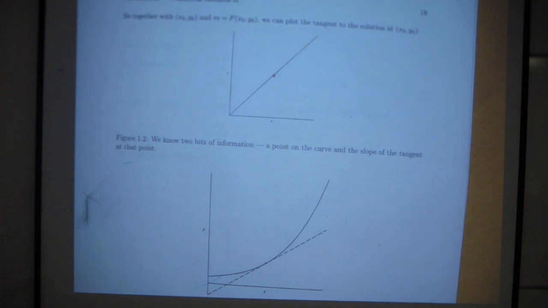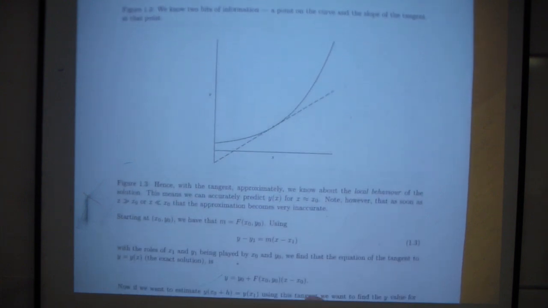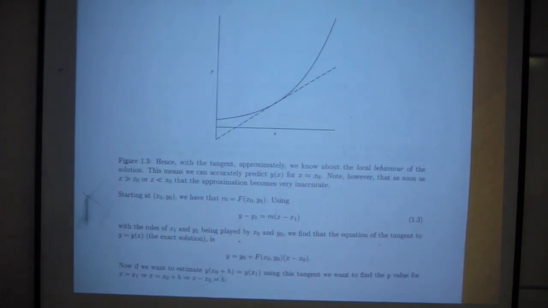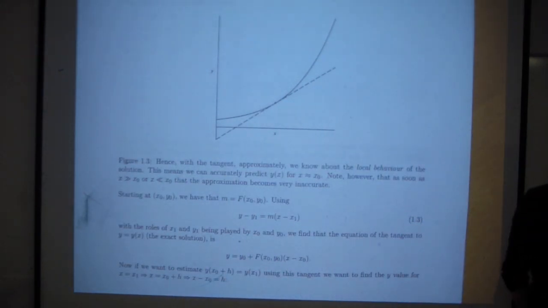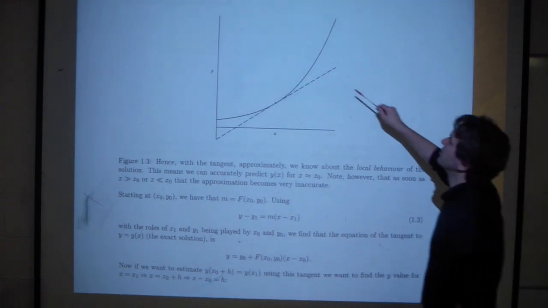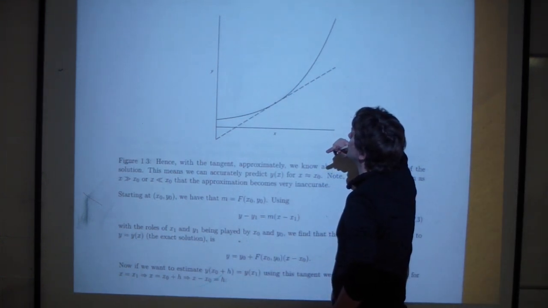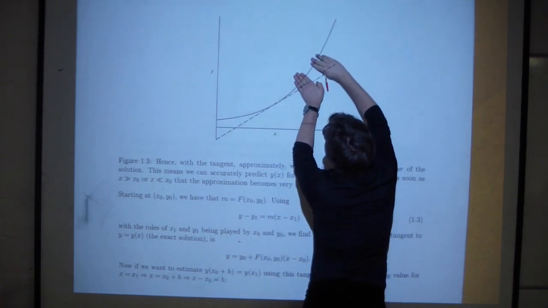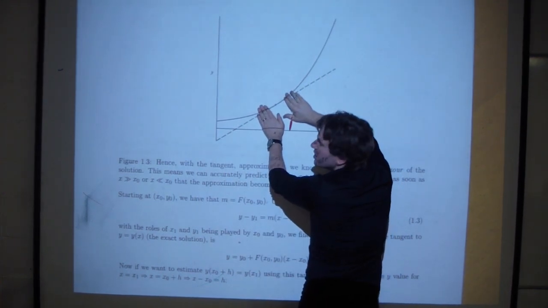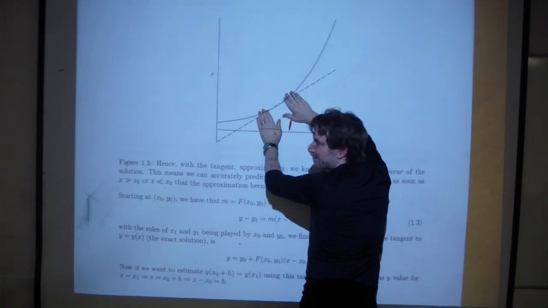Now the thing about differential equations, a lot of them, the solutions are what we might call smooth or nice. So they don't have jagged edges, and in particular, what it means is that if you zoom in on one of these curves, for example here, the curve looks like a straight line.